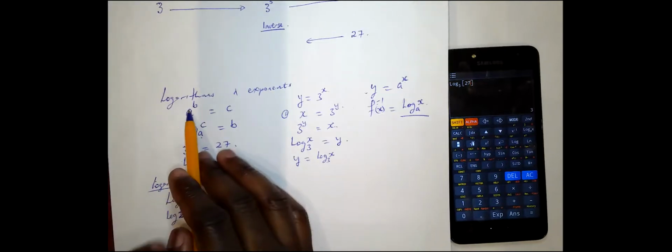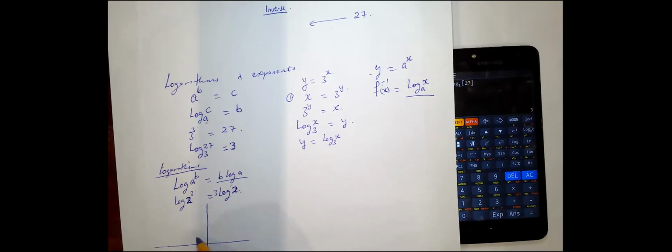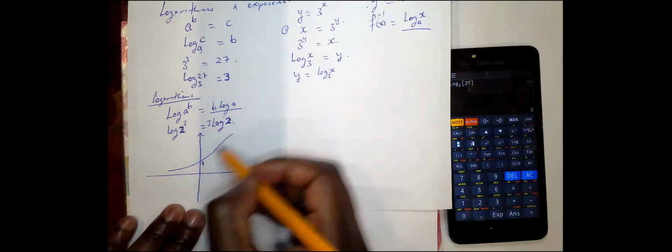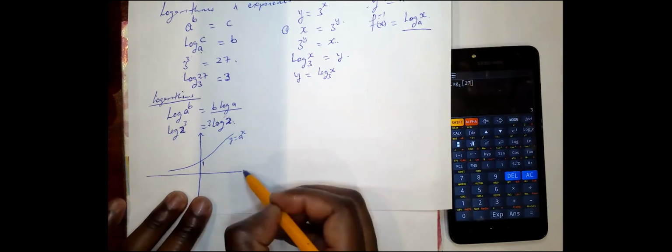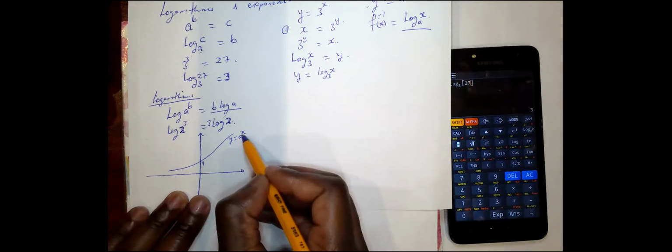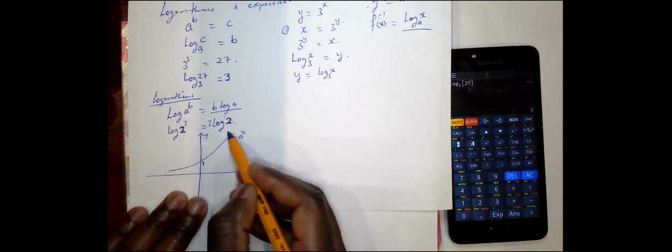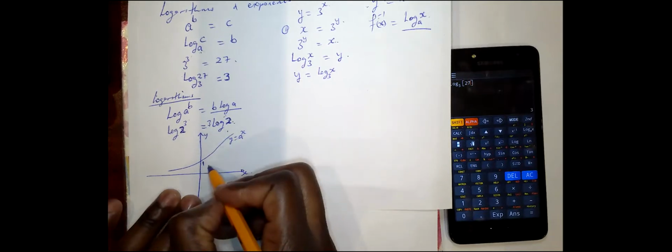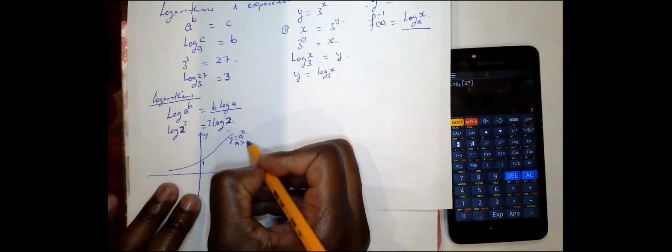Now, the other thing that you need to remember: when we did exponents, we said generally the graph is like this. It passes through 1. This is the graph of y equal to a to the power of x, where a is greater than 1.